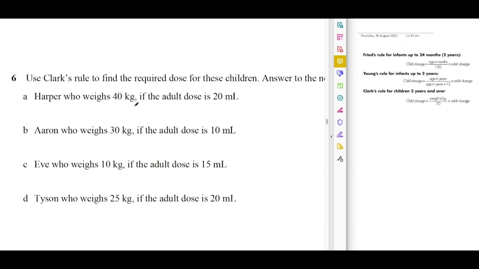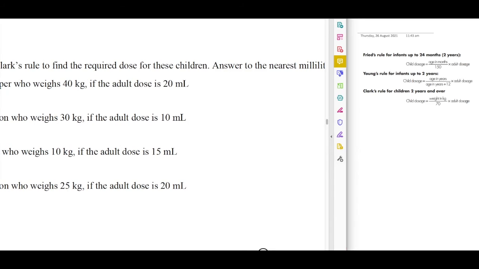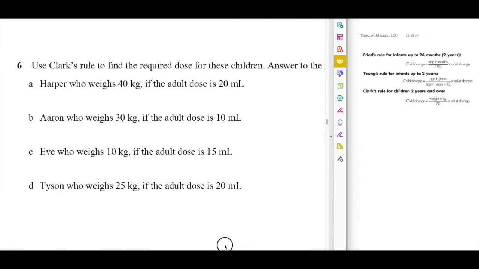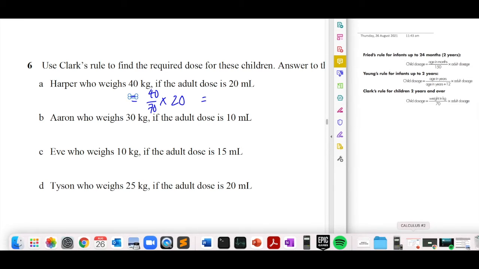Last one, use Clark's rule. Clark's rule is just a different formula that you have to use, so it should be pretty easy. The question says, answer to the nearest milliliter, so just do what the question asks you. Weight in kilograms is 40, divided by 70, multiplied by adult dosage. Adult dosage is 20. This one I can't do in my head, so I'll just use a calculator.